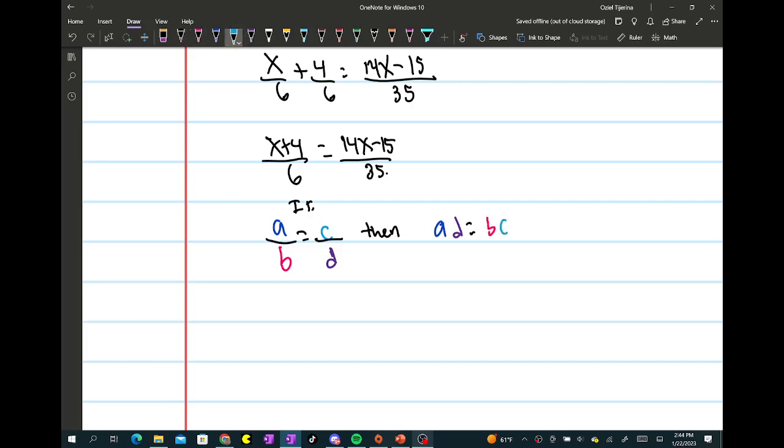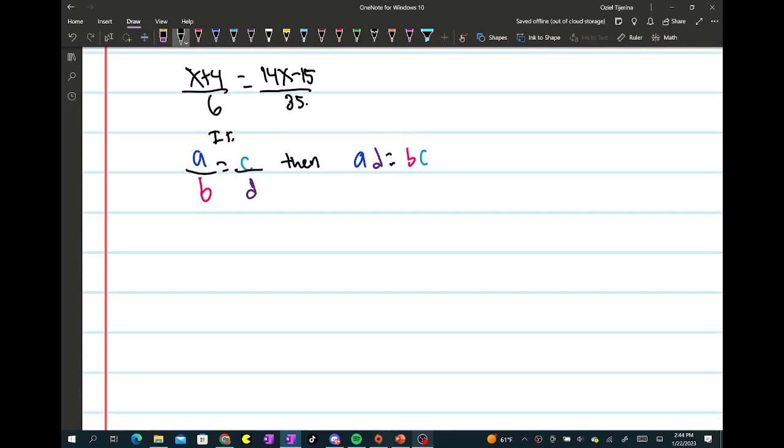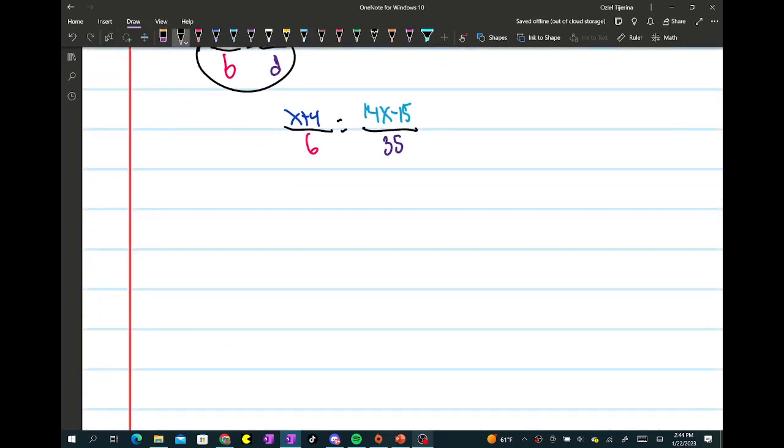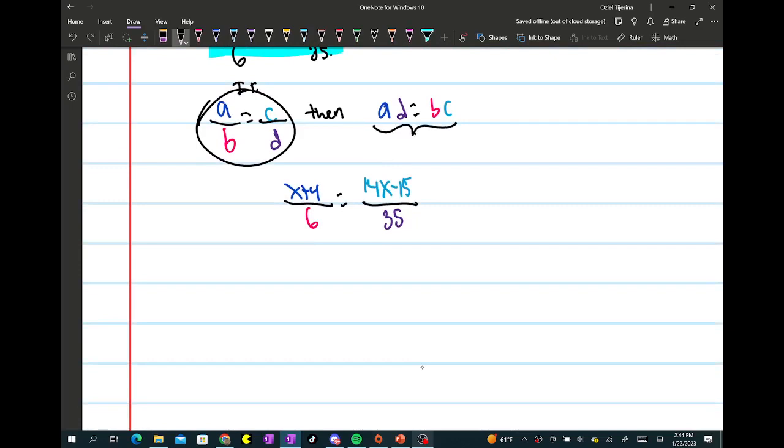So then we have x plus 4 over 6, and this is equal to 14x minus 15 over 35. So I'm just substituting this whole part in for this, right? So now it's a matter of just doing this at this point.